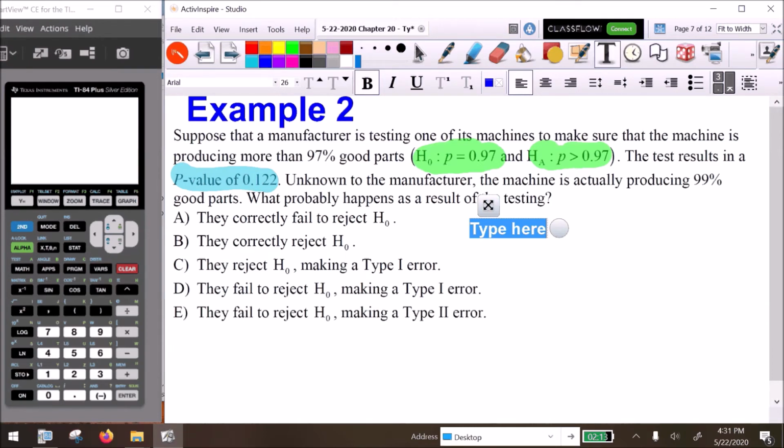So in this situation, given that p-value, they would not have enough evidence to reject the null hypothesis. So because they would not reject the null hypothesis, they would accept it to still be true.